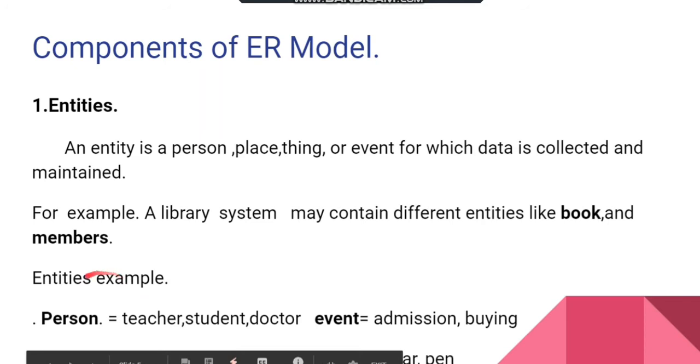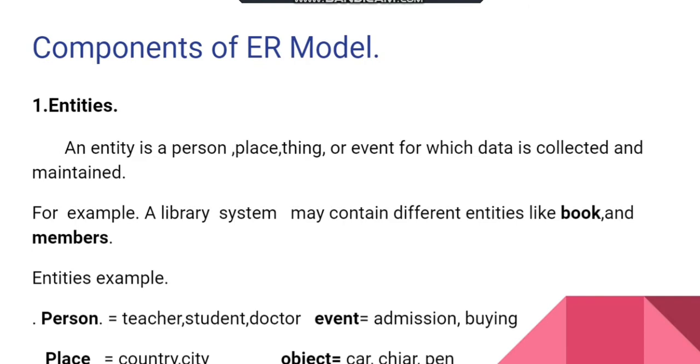Entity examples include a person, such as a teacher, student, or doctor; an event, such as admission or buying; a place, such as a country or city; and objects, such as a car, chair, or pen. All of these may be entities, and it depends upon the system. If we're building a system for a library, we have student and book entities.